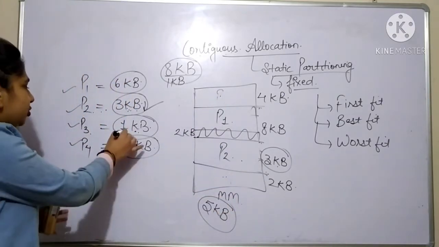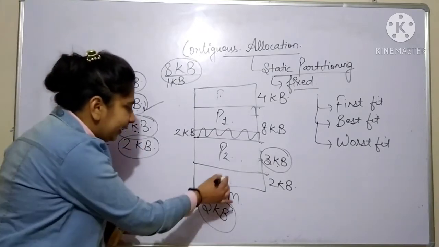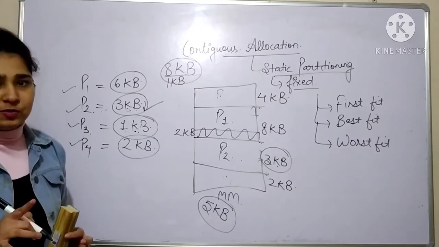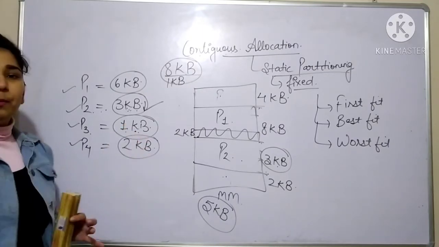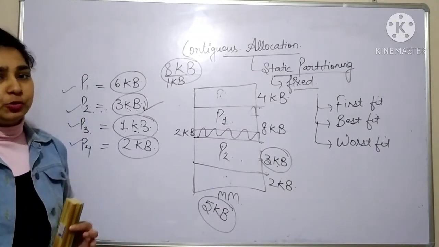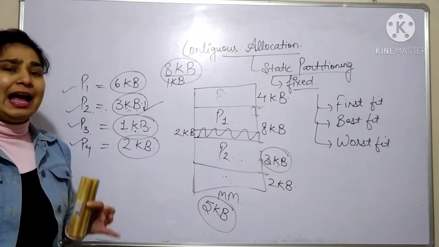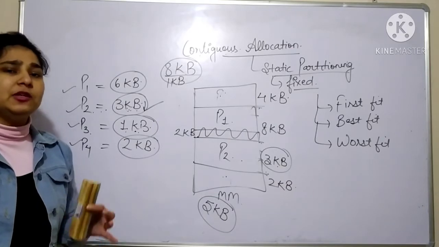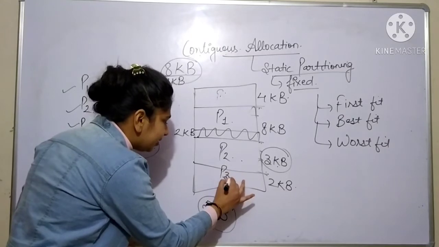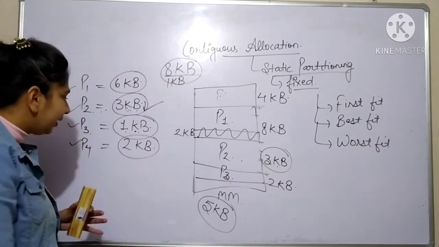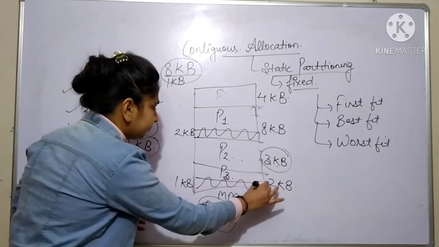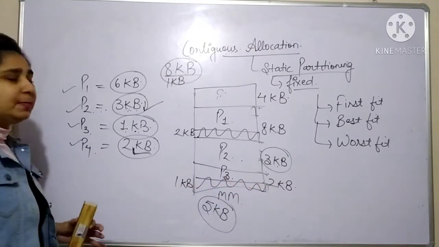If I store my process P3 in 2 KB, the space is going to be wasted. Next, we have process P4.